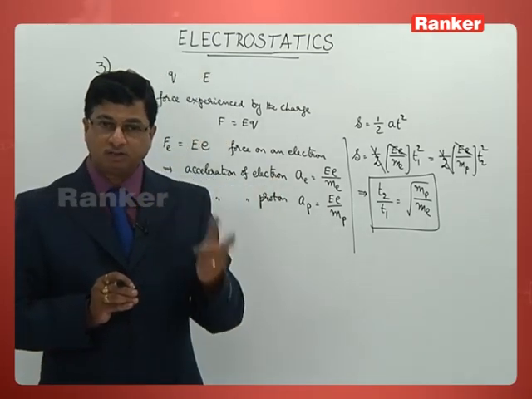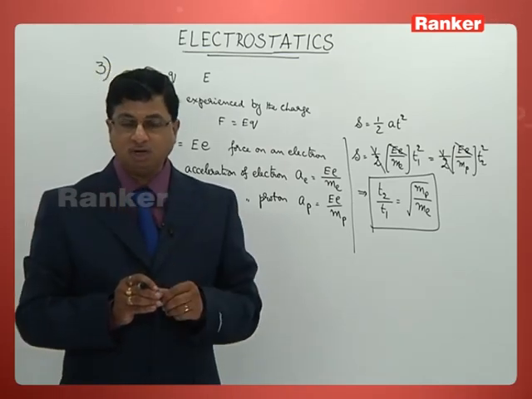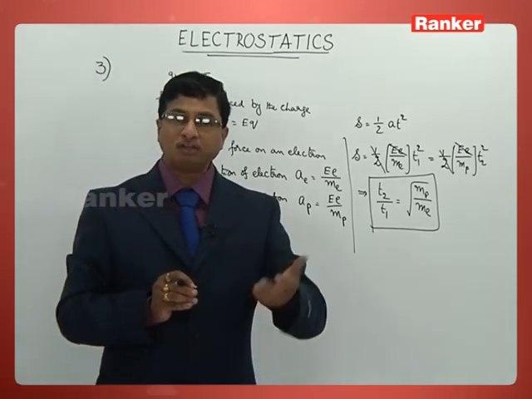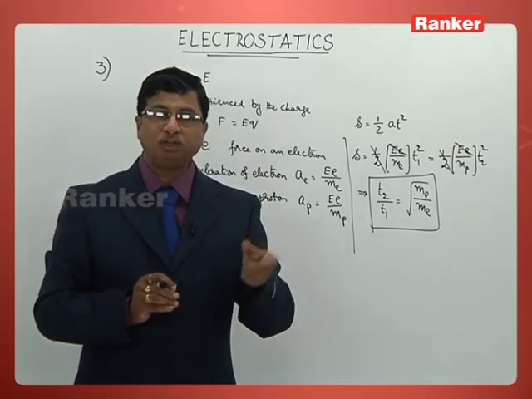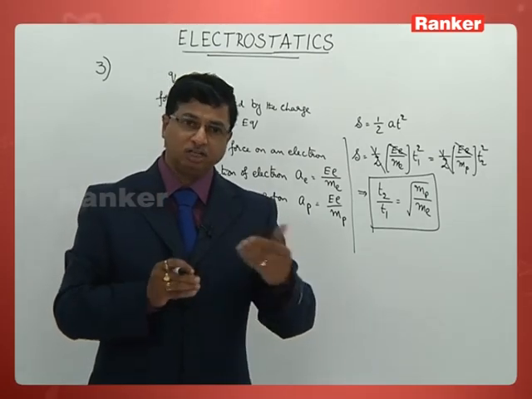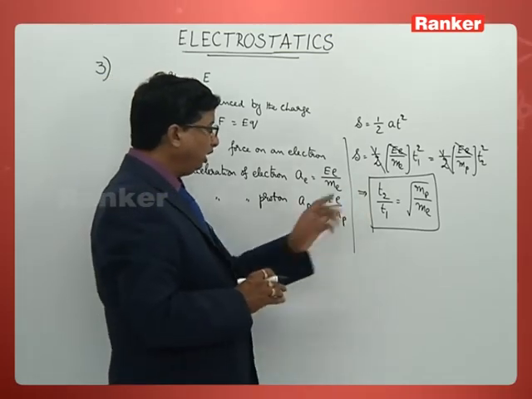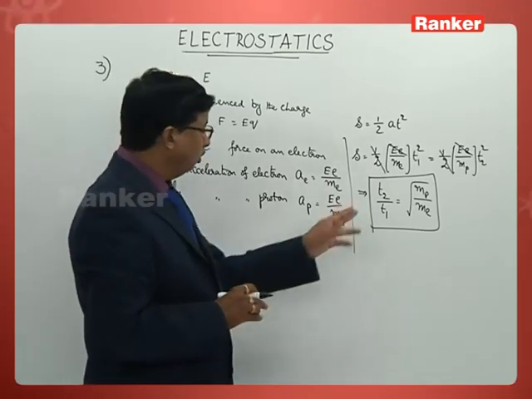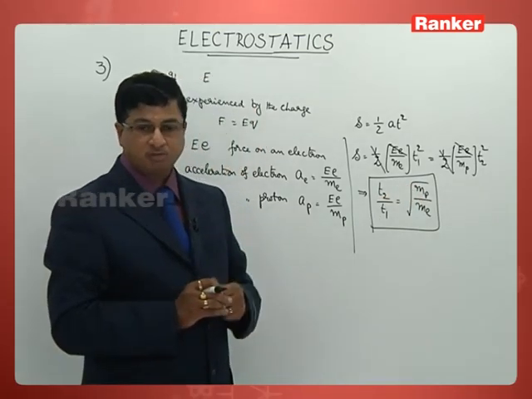Since the mass of electron and mass of proton are not equal, they will have different accelerations, even though the field is same, even though the distances covered by them in the field also are equal. So these are the points you have to take. T2 by T1 must be equal to root over mass of proton by mass of electron.